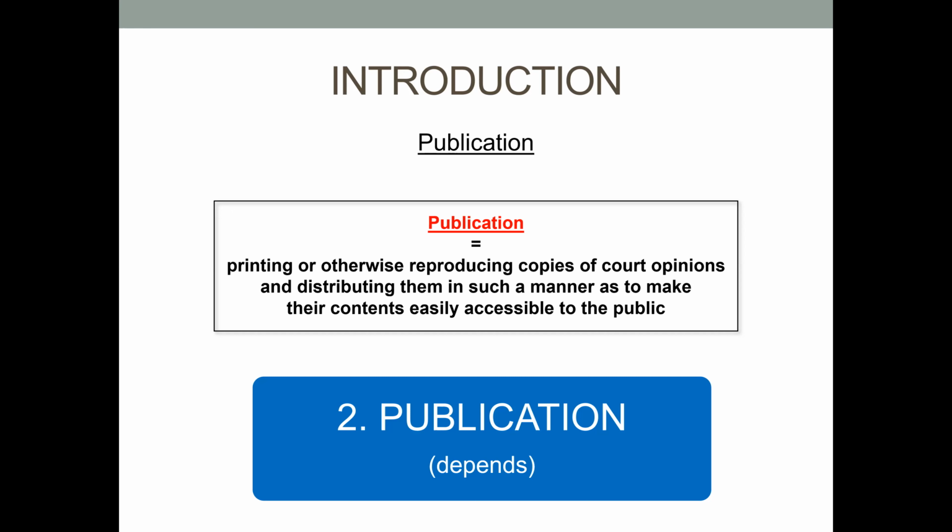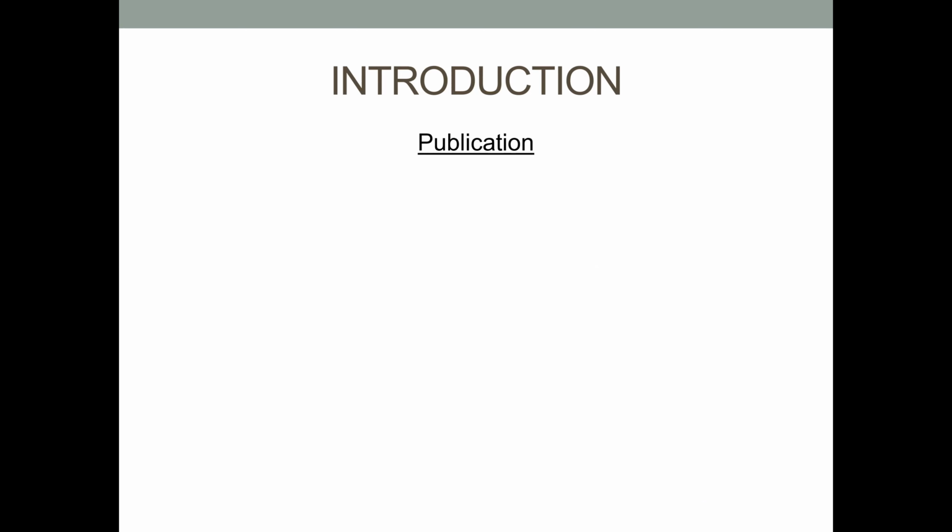Now, that's a fairly broad definition, but what we're going to see is it actually has a more narrow meaning when we talk about the formal or official publication of court opinions, because the end result of the publication process is that the opinion will appear in a hardbound permanent case reporter. So that's the idea of publication.